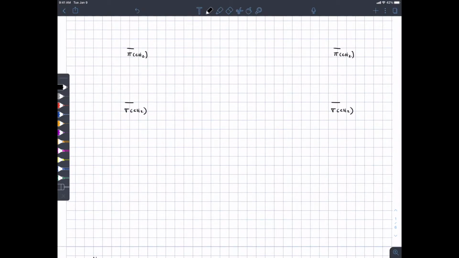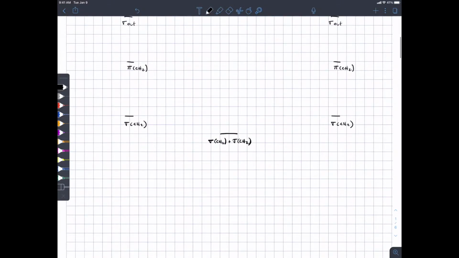We'll get an orbital that we call sigma plus sigma. This is the plus combination, and it will be lower in energy than the two orbitals that we started with. And then there will be a sigma minus sigma that's going to be a little bit higher in energy than the bonding orbital is lower.